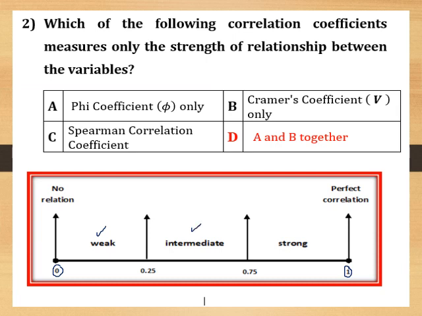While if it is between 0.75 and 1, then the relation is strong. So which correlation coefficient measures only the strength? This happens only in nominal data, and we use the Kramer coefficient and the phi coefficient. So the correct answer is A and B together.